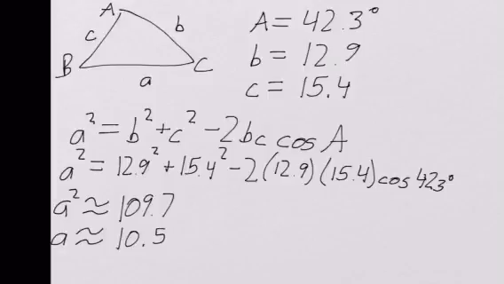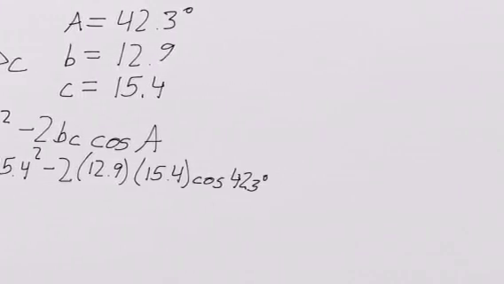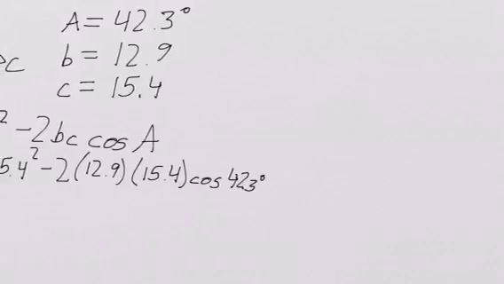So, at this point, we can use the law of sines to find angle B. So we know that side a is 10.5. Angle A is 42.3 degrees, so we need sine 42.3 degrees.